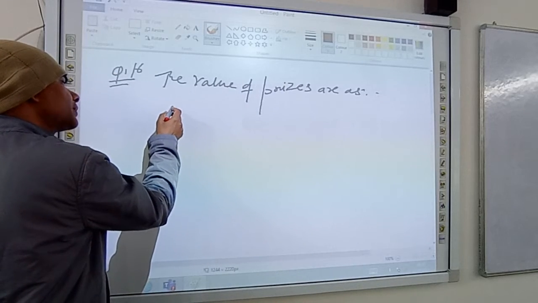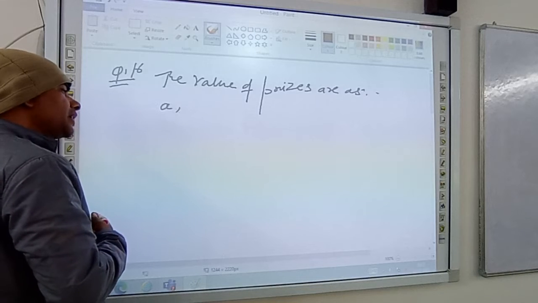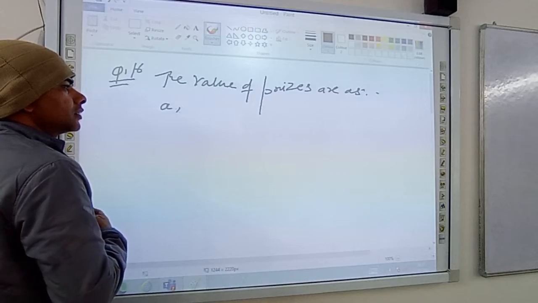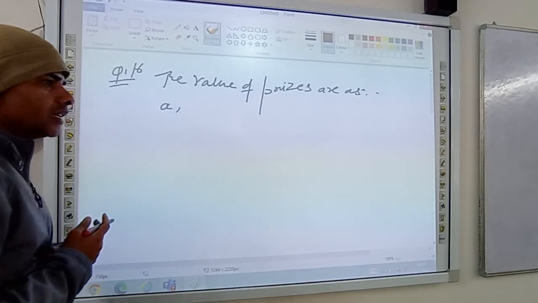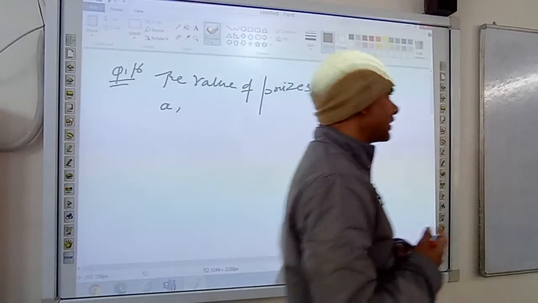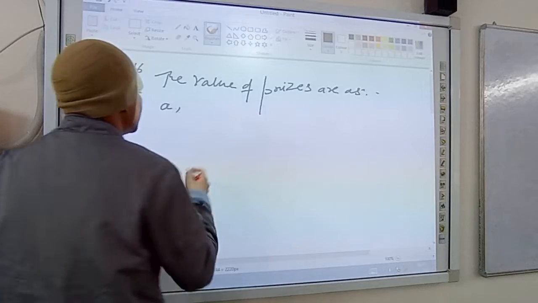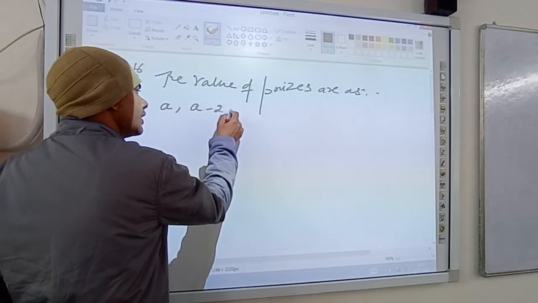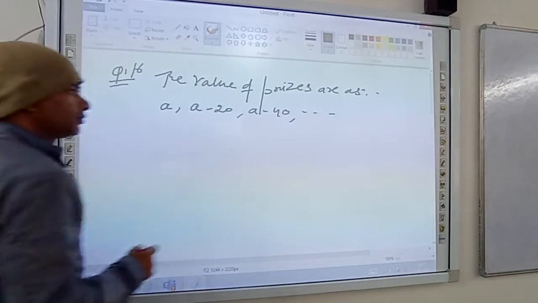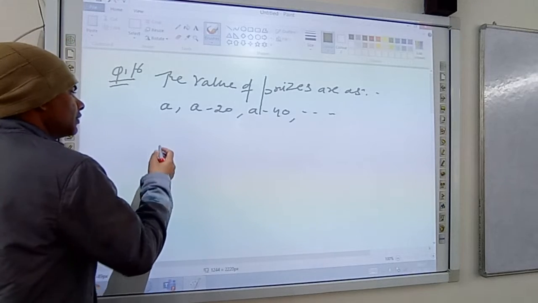First, the value of first prize is a, and the next prize is 20 rupees less than the preceding prize. The succeeding prize will be a minus 20. Minus 20, next will be a minus 40 and so on. What is a? First prize.